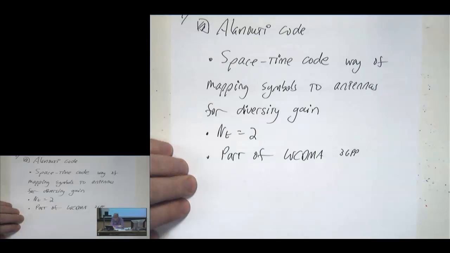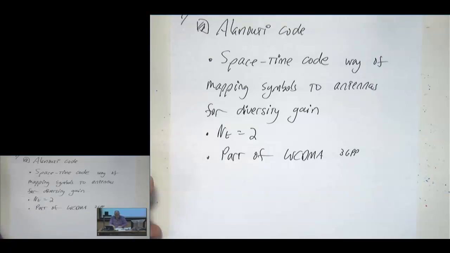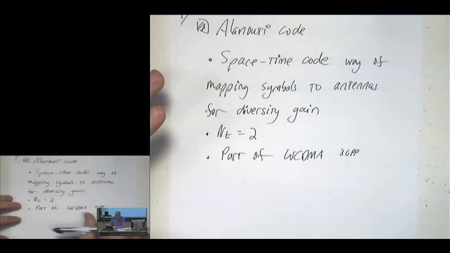So this is something that's implemented in most commercial cellular systems at this point. So let's go through the key idea of this Alamouti code. What I'm going to do is just give you the idea, then we're going to go through and show why it works.